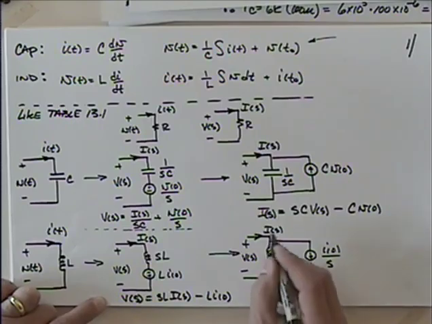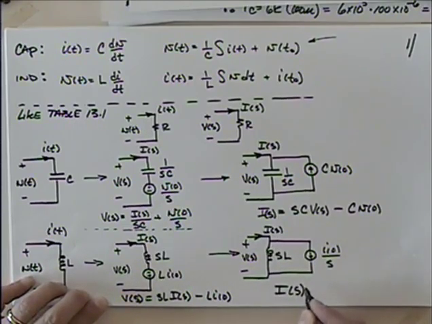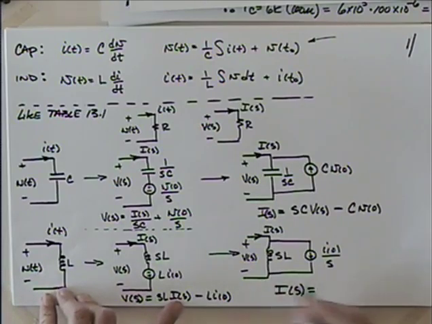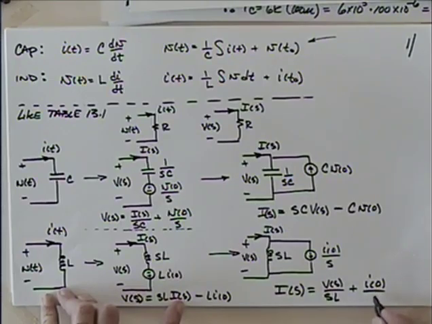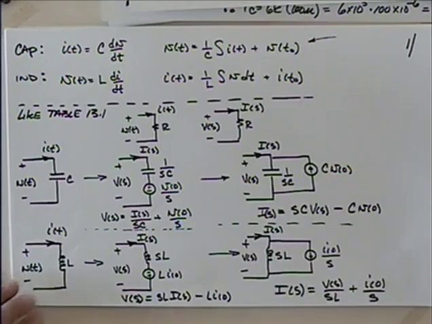Or if I wanted to talk about I of S in this case, I would say that it's Vs divided by SL plus I naught, the original current, divided by S. I'm going to double check these, make sure we got these right, because we're going to use these on a lot of problems. I think we're okay.